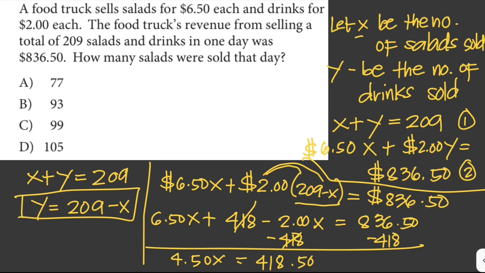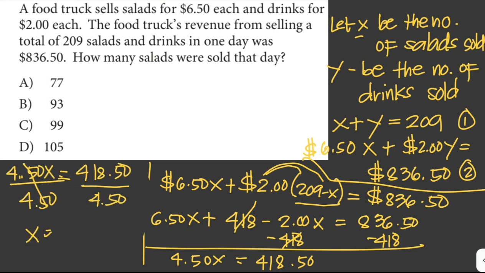And now solving for x, we can just divide both sides by 4.5. By dividing both sides by 4.5, we get 93 as our x. So there were 93 salads that were sold that day. So the answer here is letter B.